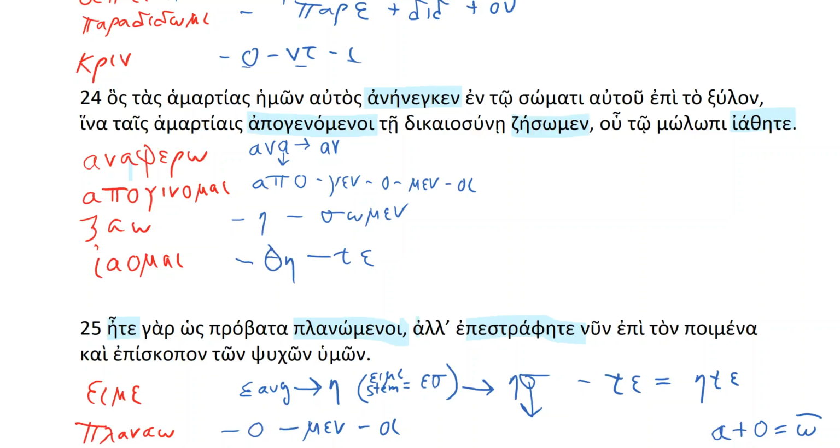Into somati, autu epita xulon, hinatais hamartiais apogenomenoi, te dikaiosune, ze somen, or hu, a rough breathing, hu, to molopi, iathete.